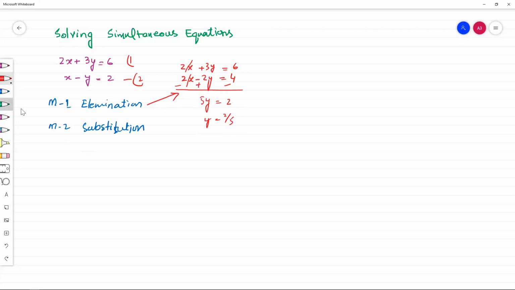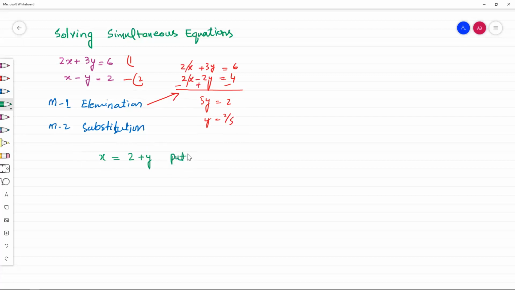While what was the substitution method? In the substitution method we make one variable the subject from any one of the equations. Like I'm using equation 2 and making x the subject. This will become 2 plus y, and then I put the value of x in equation number 1.